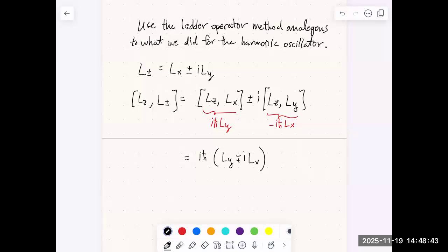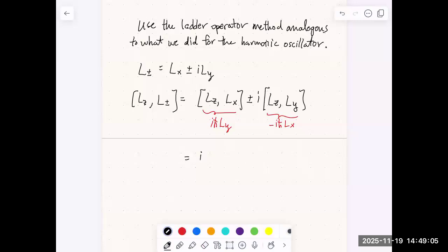You need the minus plus: i h bar Ly, and then i times plus or minus i, but I have a minus sign here. And then I have another i here, but that i you have factored out right now, so you need to bring it in. Right, I can't do math in my head.